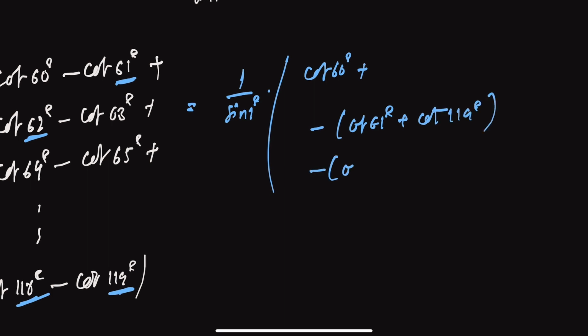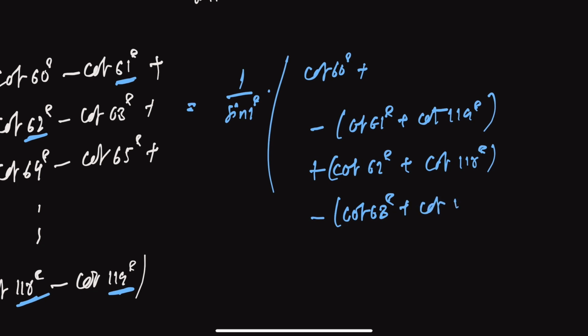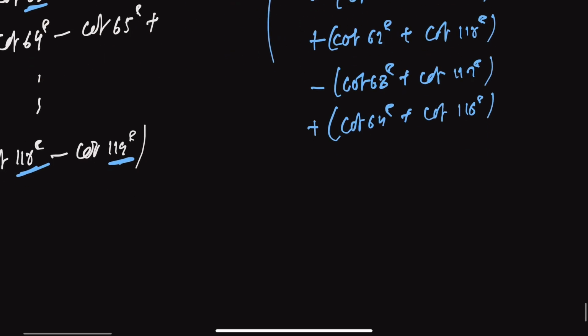So I'm just clubbing these. So plus cot 62 degrees plus cot 118 degrees, minus cot 63 degrees plus cot 117 degrees, plus cot 64 degrees plus cot 116 degrees, and so on.